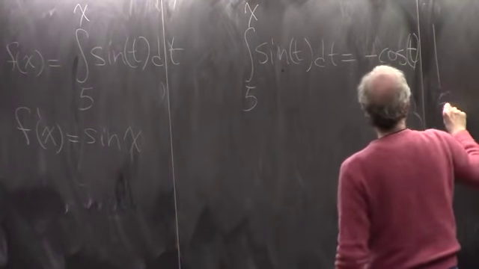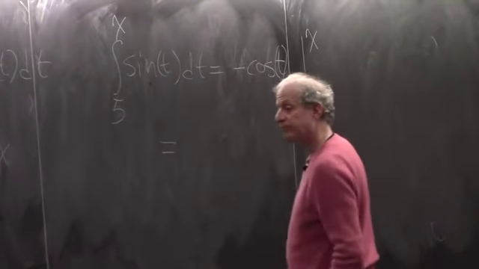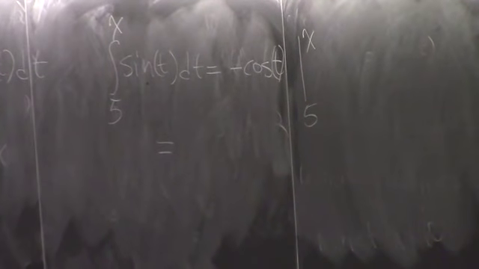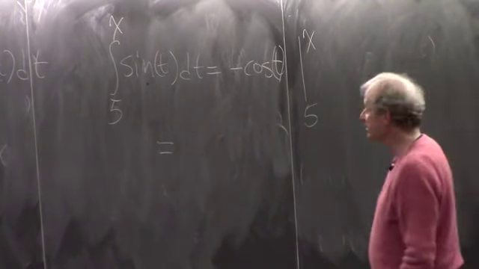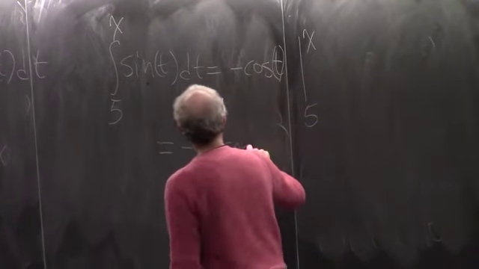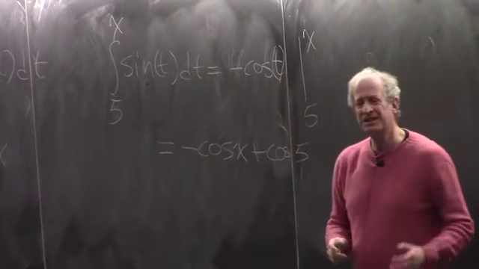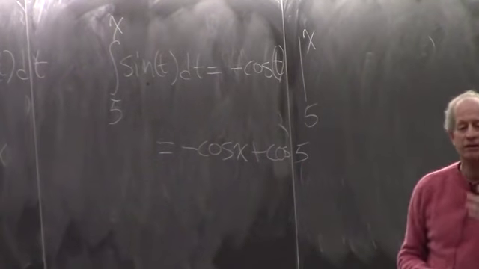We're going to go from pi to x. So that is minus cosine of x, minus minus, so plus cosine of pi. What's the cosine of pi? I have no idea, okay? But it's a number. It's a constant.